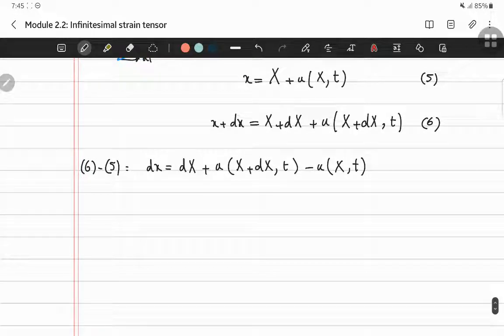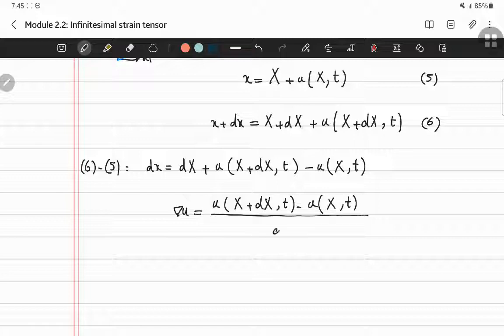If you recall, this was from the gradient definition: u(X plus dX, t) minus u(X, t) divided by dX.